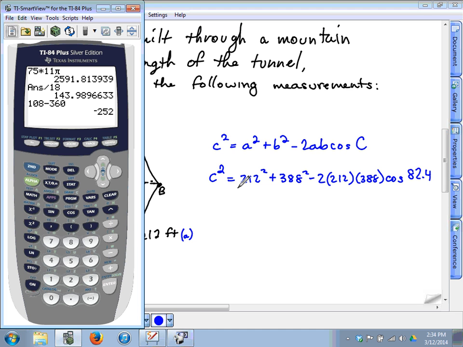If you're comfortable doing it all at once, you can type this whole thing into your calculator as long as you're careful. 212 squared plus 388 squared minus 2, these in parentheses.